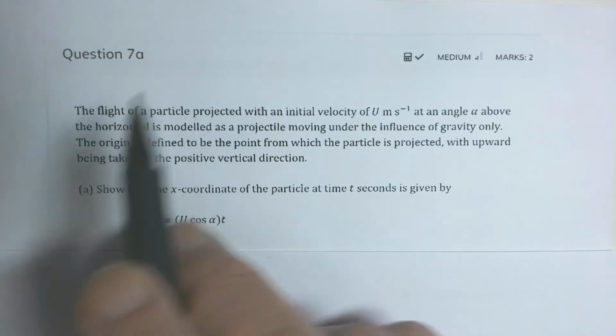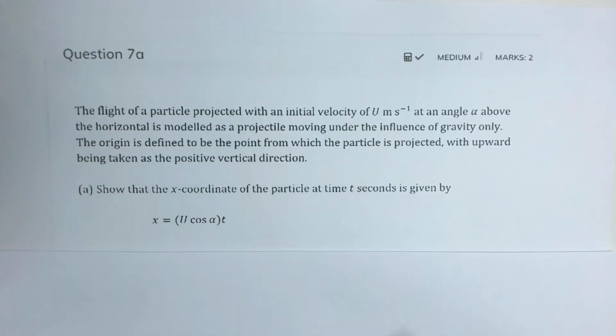It says the flight of a particle projected with an initial velocity of u at an angle alpha above the horizontal is modelled as a projectile moving under the influence of gravity only. The origin is defined to be the point from which the particle is projected, with upward taken as the positive vertical direction.